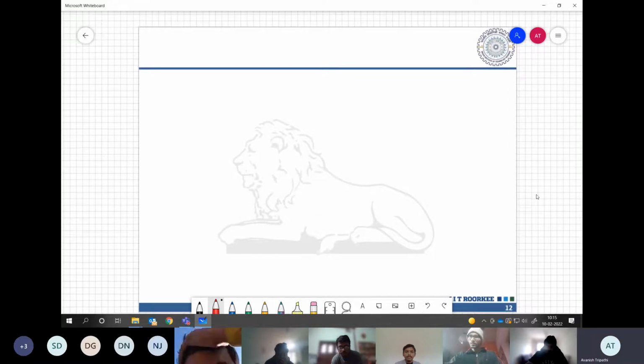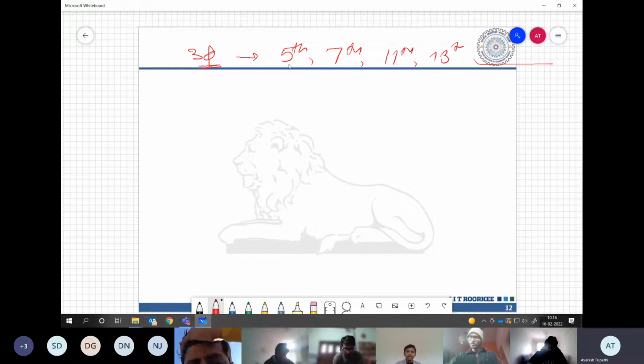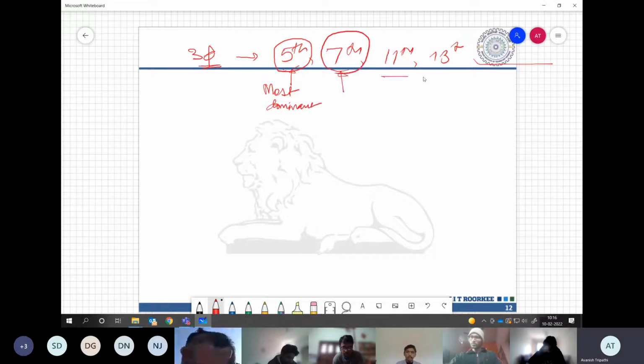When we talk about a three-phase system, we have typically 5th, 7th, 11th, 13th, etc. Triplen harmonics are gone and even harmonics are missing. So we have only these harmonics, and among them we see that these are kind of dominant. The 5th we can say is the most dominant. Then the second most dominant could be the 7th, and so on. The order goes like that.